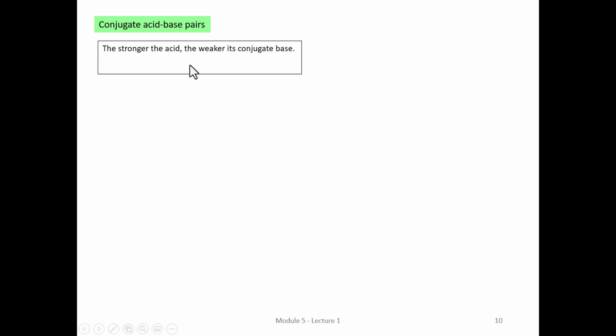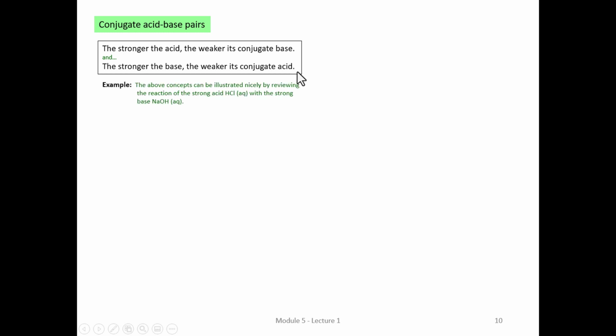One thing that will be important to realize is that the stronger the acid, the weaker its conjugate base, and the stronger the base, the weaker its conjugate acid. Let's give an example of how we might go about describing this.